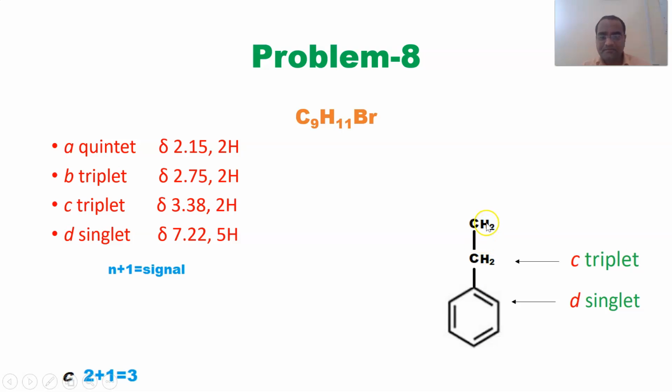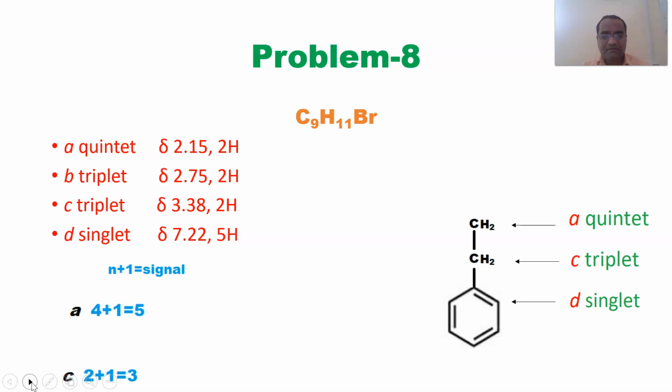It can be, so the signal for C is now correct, it is showing a triplet because the adjacent carbon has 2. So I have written it over here. After that we will go for A, which is showing a quintet. So quintet means the adjacent has 4, and it will show a quintet.